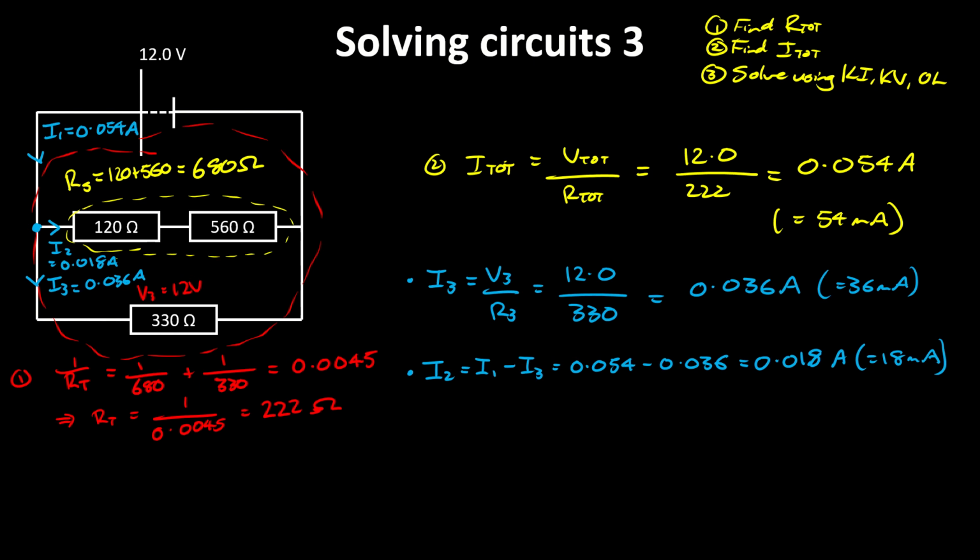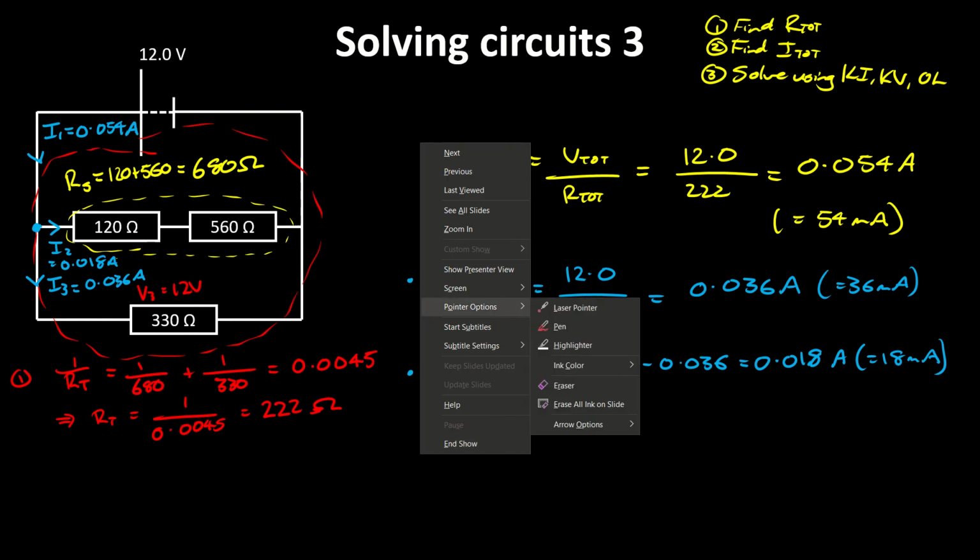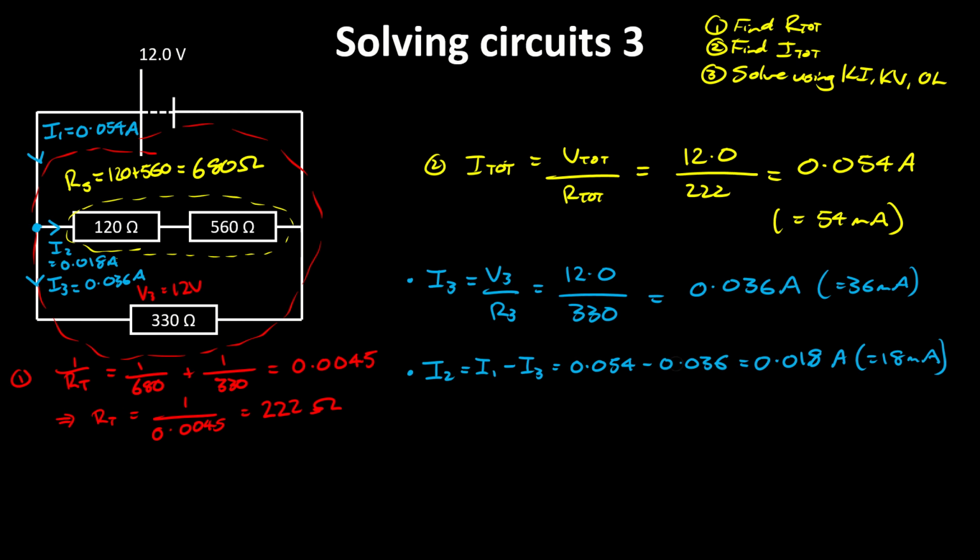Now we just need to find the voltages for the 120 and the 560 ohm resistor. But we know the current going through them. This I2, the 0.018 amps, goes through both of those. So if we've got, I'll call this one V1 and V2. So we can go V1, we can use Ohm's law.